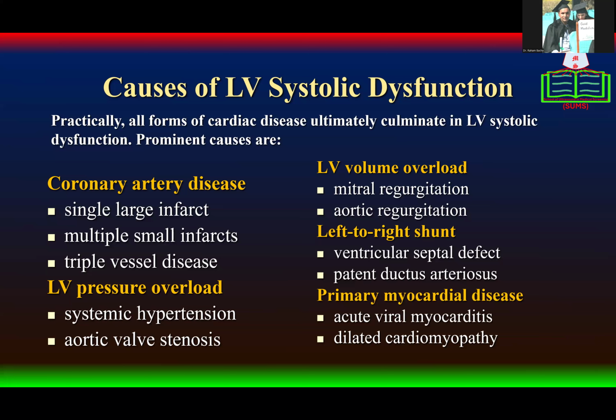If there is a ventricular septal defect, then there will be left to right shunting, and in that case, there will be systolic dysfunction. And then patent ductus arteriosus: the blood is pushed from the aorta to the pulmonary trunk through the ductus arteriosus, and that will lead to shunting.